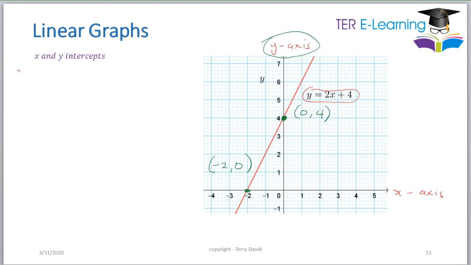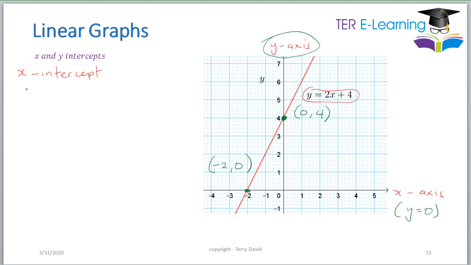So the first thing, we want to find my x-intercept. The x-intercept is where we are cutting my x-axis, right? Now remember a few minutes ago I told you all that my x-axis is also the line y is equal to 0. Now this is where this comes into play. So at the x-intercept, y is equal to 0.